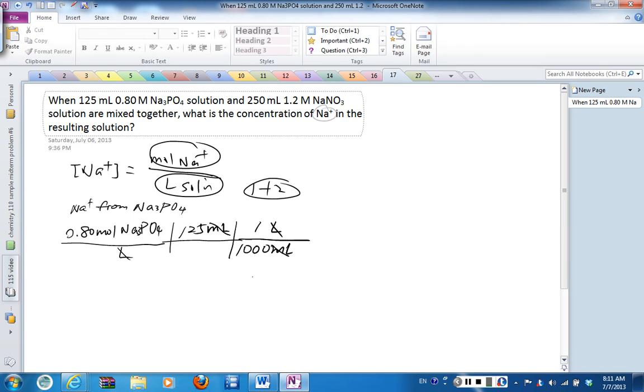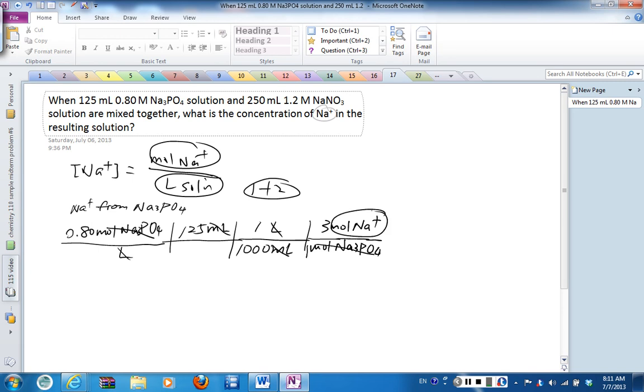Now this is mole of sodium phosphate. We don't need mole of sodium phosphate. Let's get rid of that. Each 1 mole of sodium phosphate would contain 3 mole of sodium ion. Moles of sodium phosphate cancel.